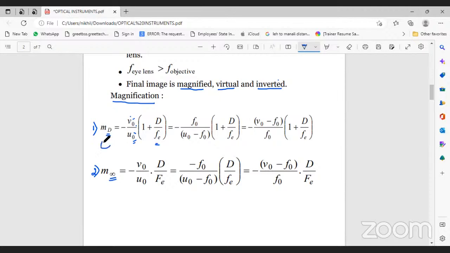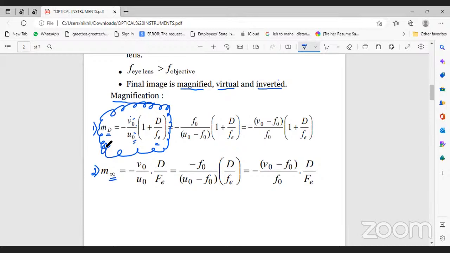Actually, this is the standard formula you have to remember. From this, we have derived the other forms. So please remember the standard result first. Minus V naught by U naught into 1 plus D divided by Fe. D represents the least distance of distinct vision.